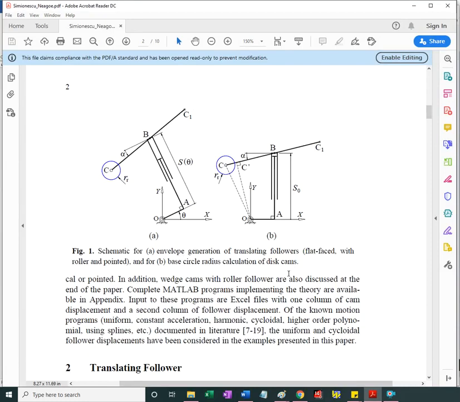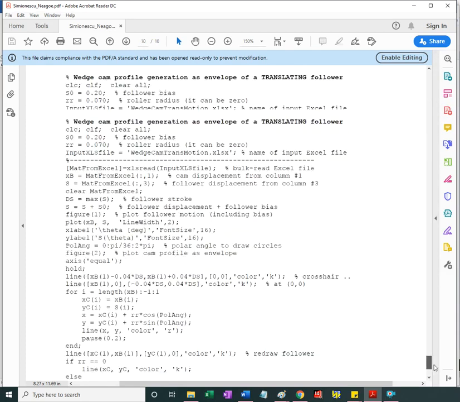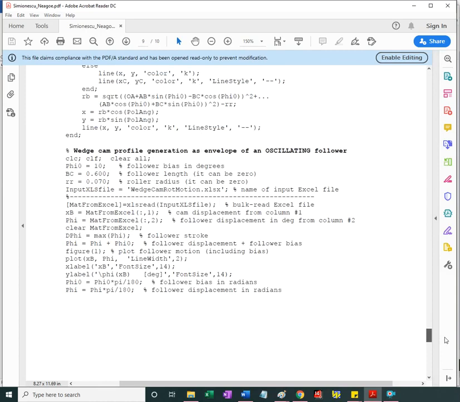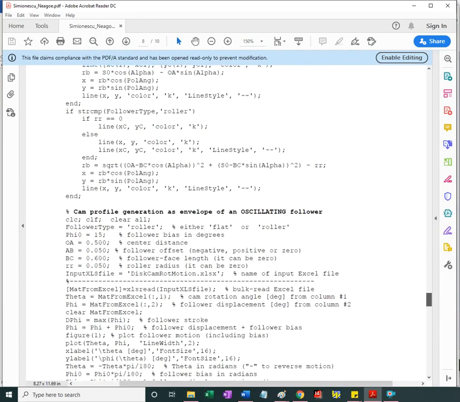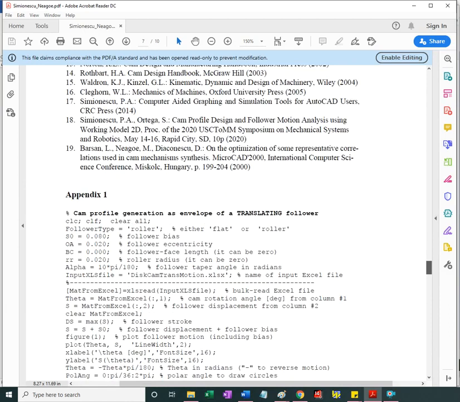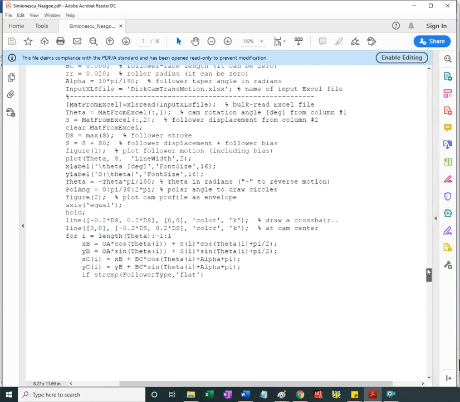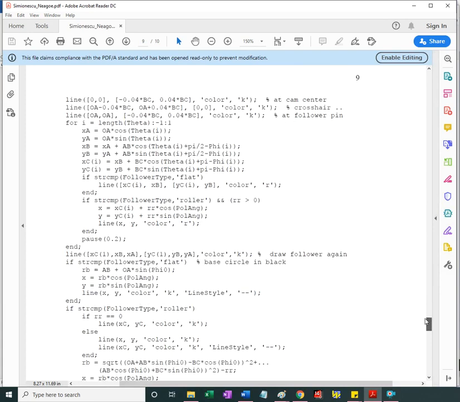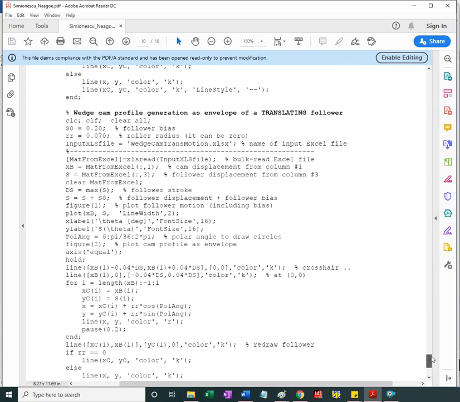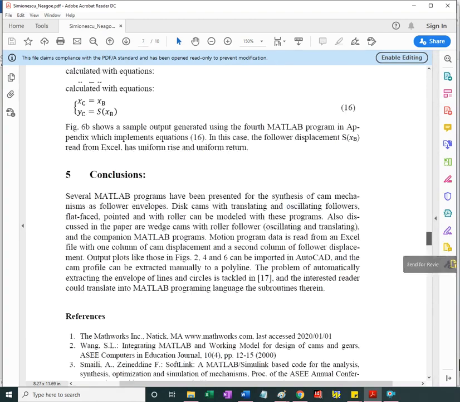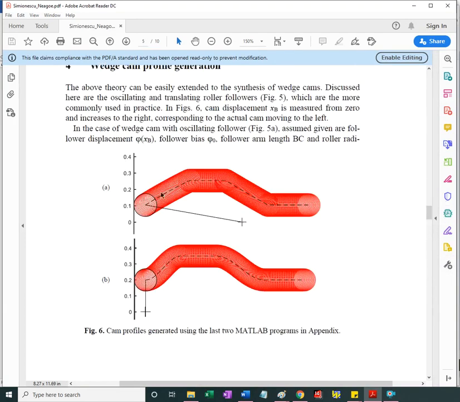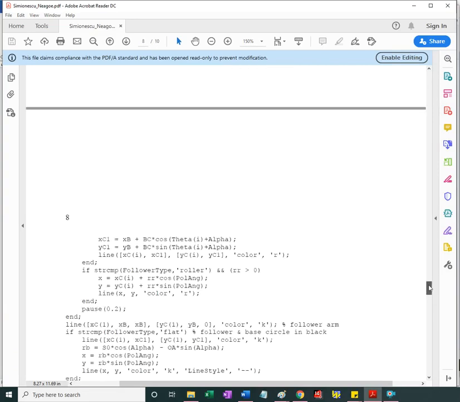So instead of having 4 separate MATLAB programs, I have only 2, plus 1 more for the wedge cam: translating follower, oscillating follower, and wedge cam. So 3 programs, rather 4, because there are oscillating and translating roller followers for the wedge cam, but this is not our concern for this class.